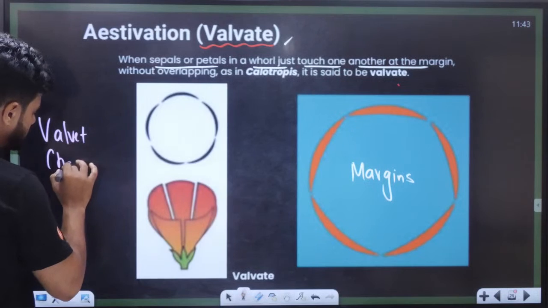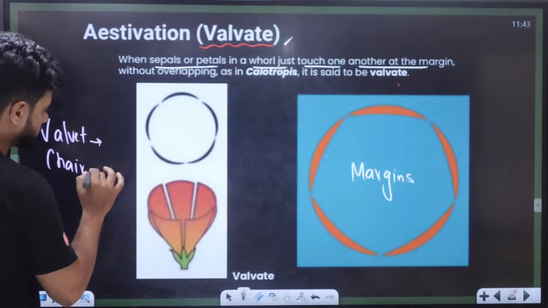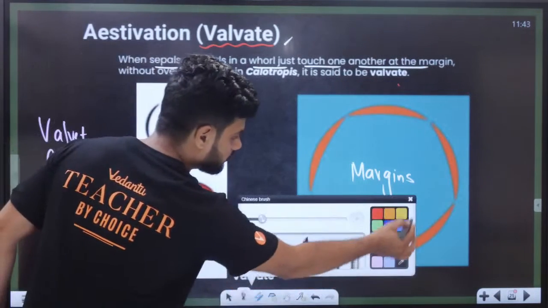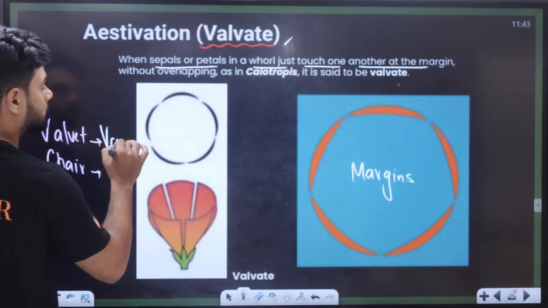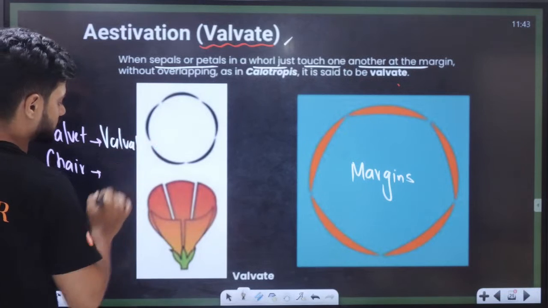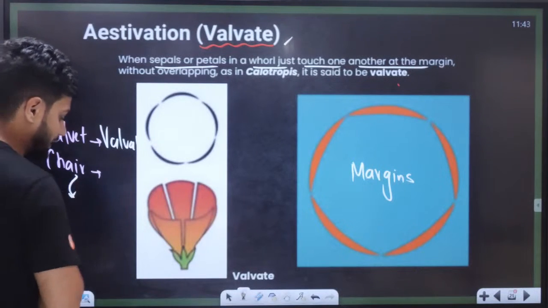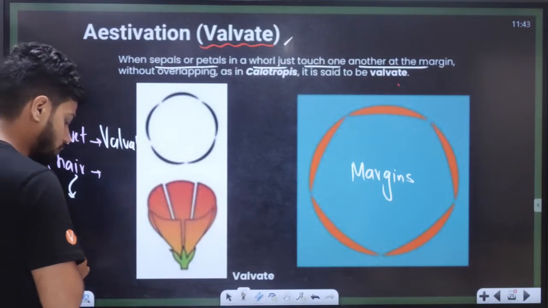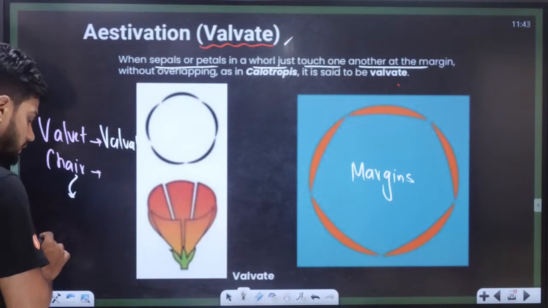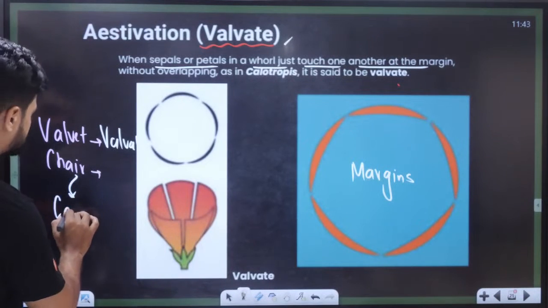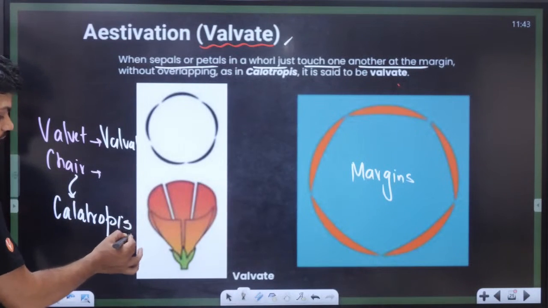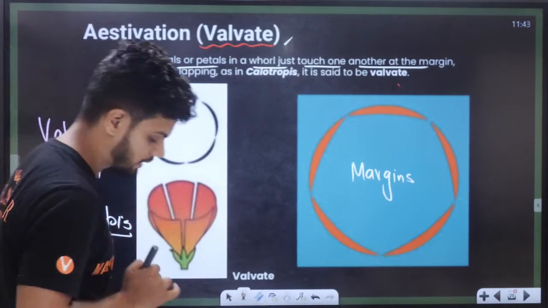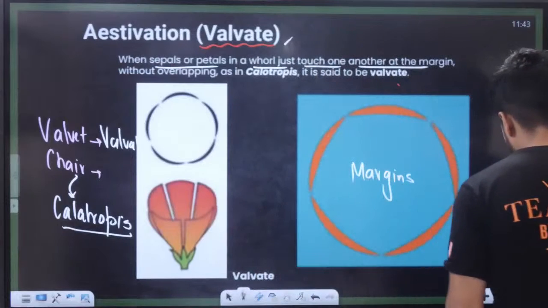Valvate for valvate aestivation, and C for calotropis. C for calotropis. Very simple, valvate aestivation.